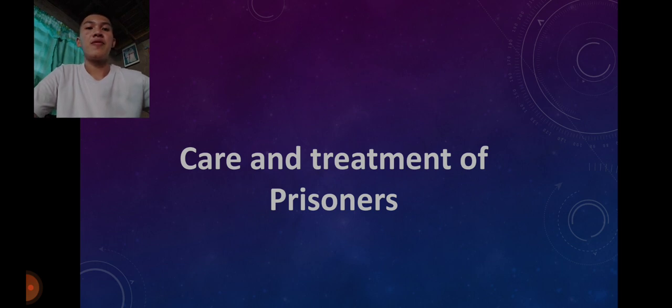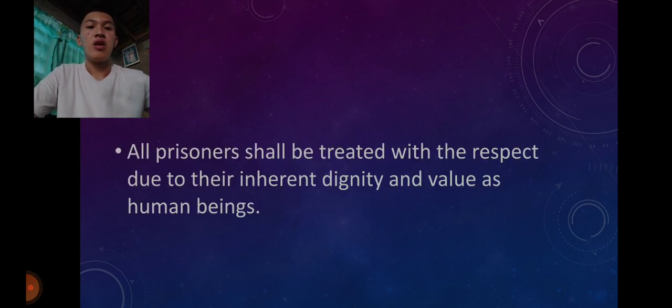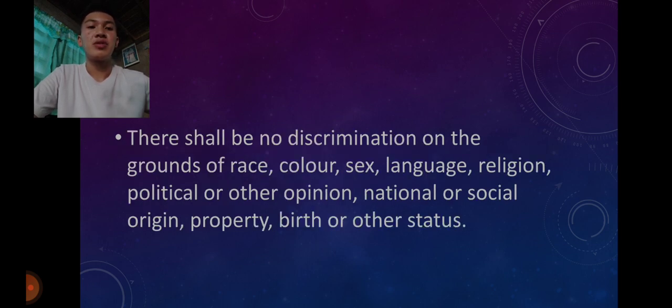Care and treatment of prisoners. All prisoners shall be treated with the respect due to their inherent dignity and value as human beings. There shall be no discrimination on the grounds of race, color, sex, language, religion, political or other opinion, national or social origin, property, birth, or other status.